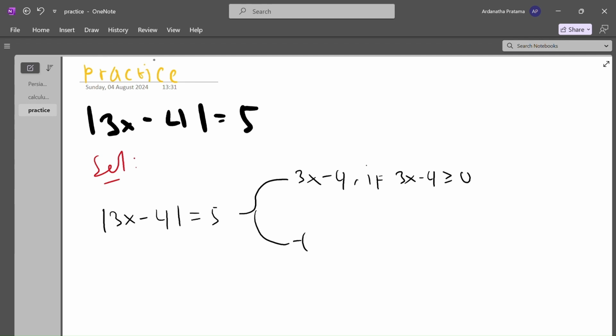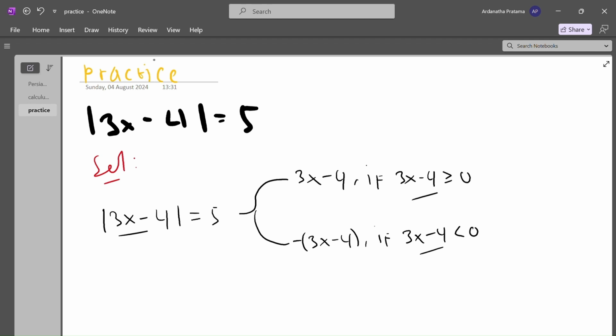And the value will be minus (3x minus 4) if the value is less than 0. You know what that means, right? If the value is positive, let it be positive. If the value is negative, multiply it by a negative, so it will be positive.